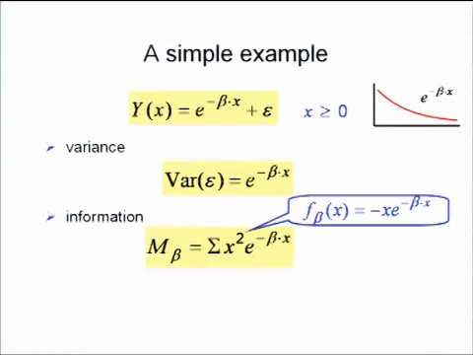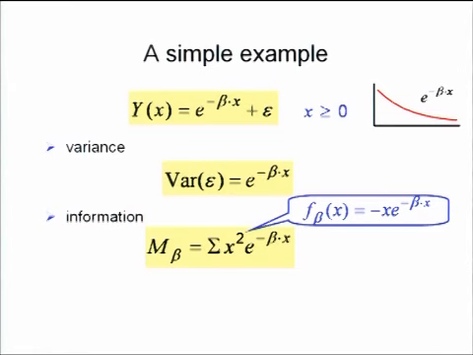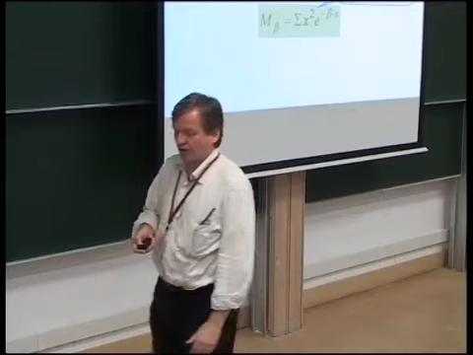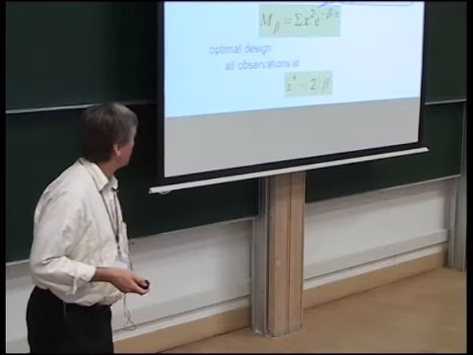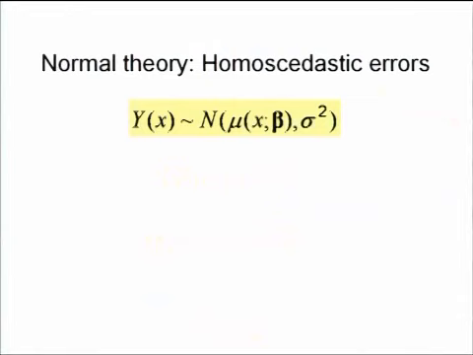And if you do it like that, then you rewrite this information. You get this form. It's x squared times e to the minus beta x. And if you maximize that, you will find out you must put your observation a little bit farther out. So the optimal design will be take all observations at 2 over beta.